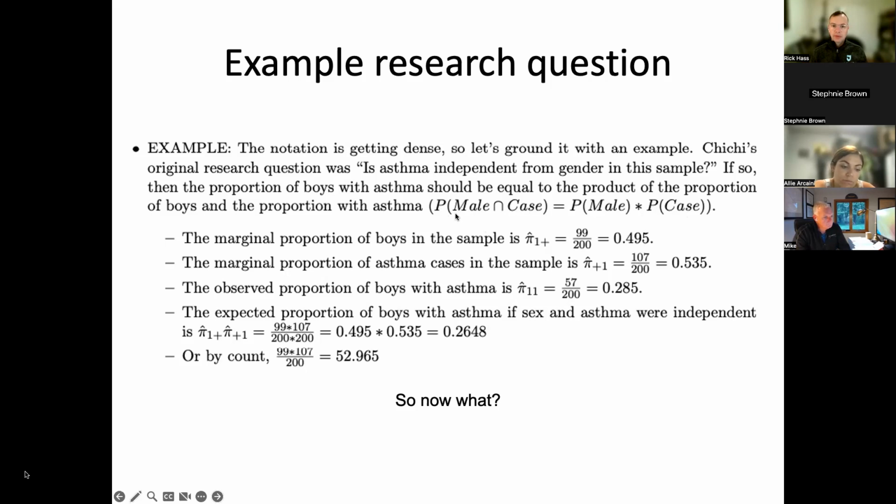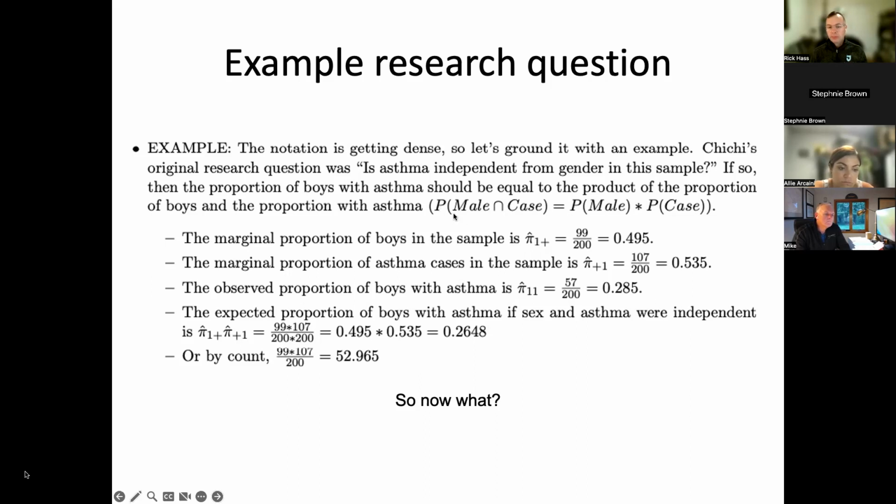So if being male and having asthma are statistically independent, so they're not related, and so being male doesn't have any bearing on or give us any information about whether you have asthma or not, then this equation should hold, right?